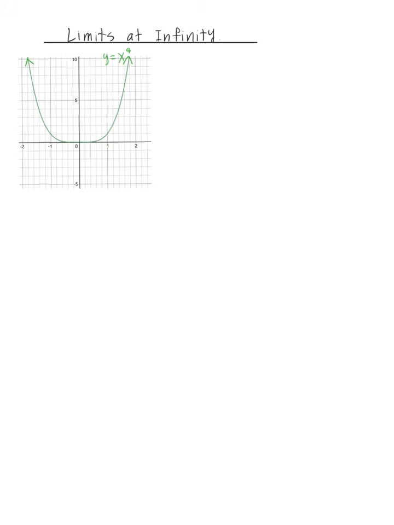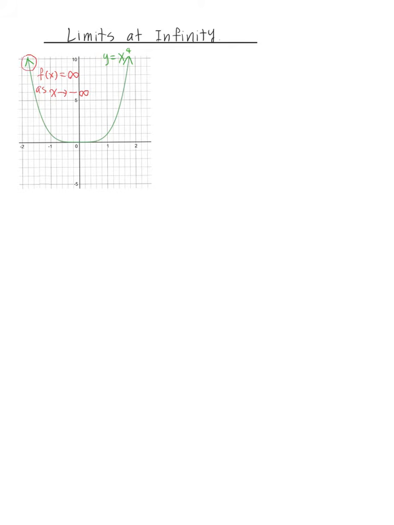So we write this as: our function f of x, the tail end of the graph, is going towards positive infinity as x travels towards negative infinity. That's how you would describe the end behavior of this graph.